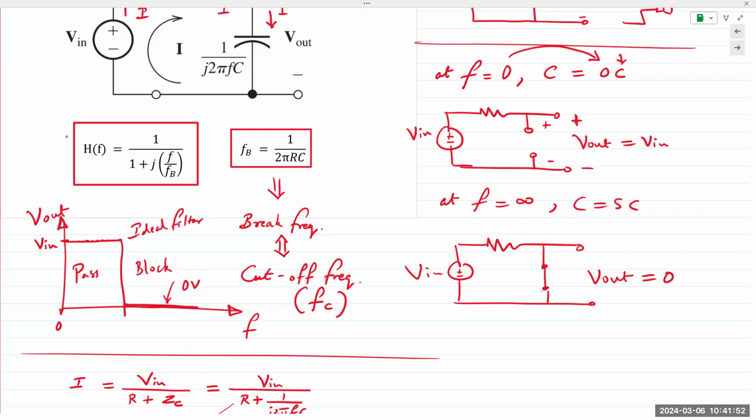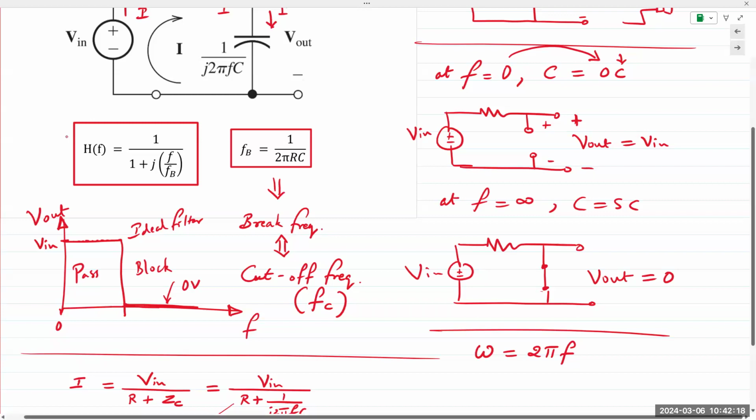And one other point I'd like to make is that this is frequency in hertz. But many books would use omega. Omega, of course, is 2 pi f. Again, remember from chapter 5, frequency in hertz is basically in the time domain. You have time on the x-axis. You translate that into the complex plane in the frequency domain. It's a vector that is rotating inside the complex plane, right? So omega is 2 pi f. One full circle is 360 degrees, 2 pi radians, hence 2 pi f.